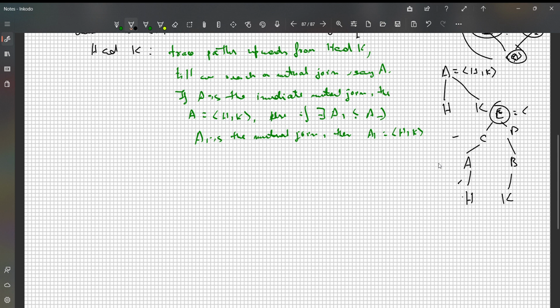Below E there are none, so E is the subgroup HK. That is what I mean. Right?